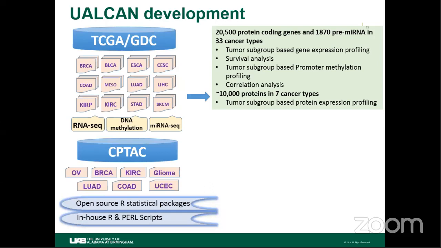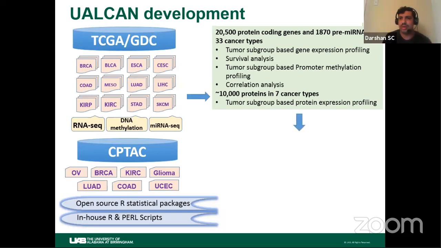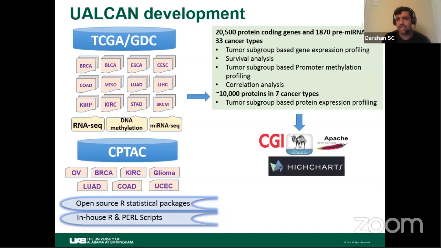We wanted to post all those analysis results on a website. The website was developed using the Perl CGI interface on an Apache web server, and all the graphics were designed using JavaScript's Highcharts.